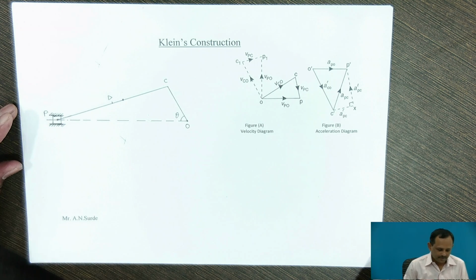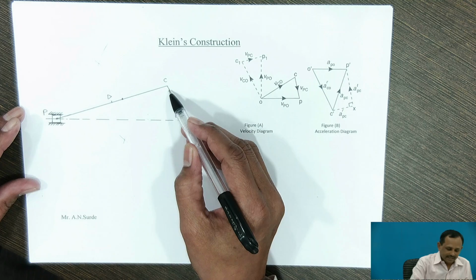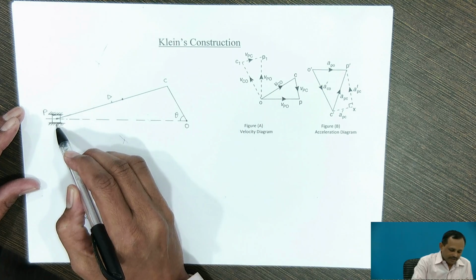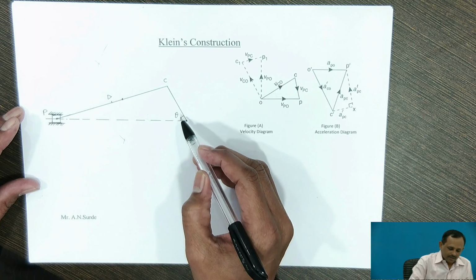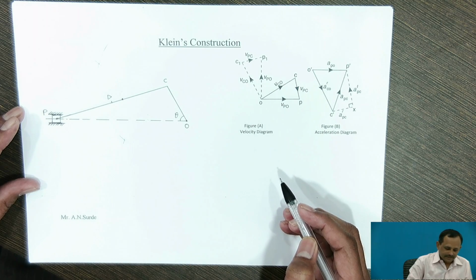So, consider a single sided crank chain mechanism where OC is the crank, PC is the connecting rod, and P is the piston. The crank OC makes an angle theta with the inner dead center.